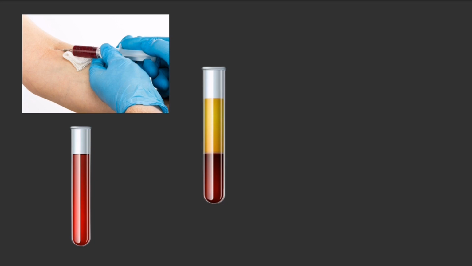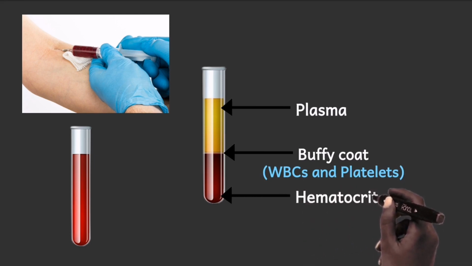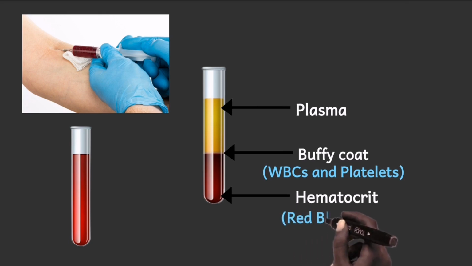As you can see, the plasma takes about 55% of the volume. Then you have this white buffy coat, which is made up of the white blood cells and the platelets. Then we have the red cell mass sitting alone. That's also known as hematocrit or packed cell volume, and that is composed of red cells.